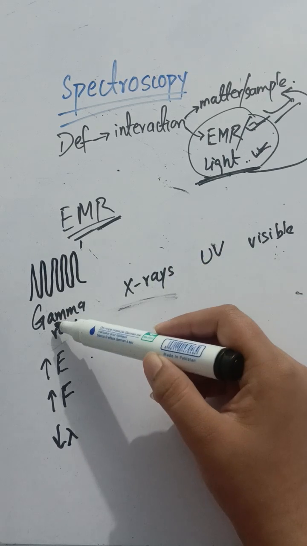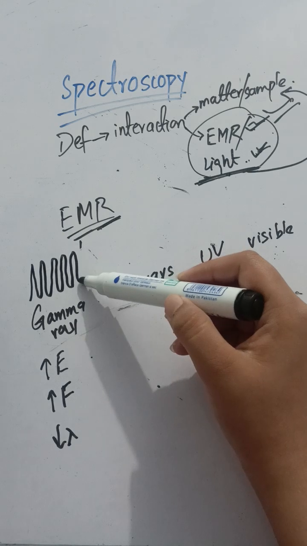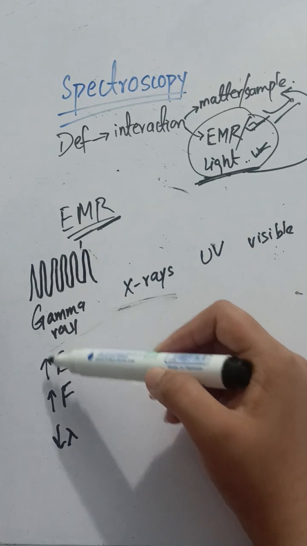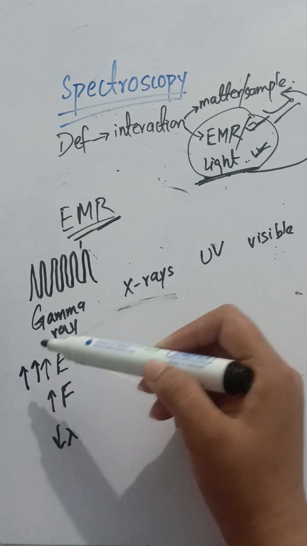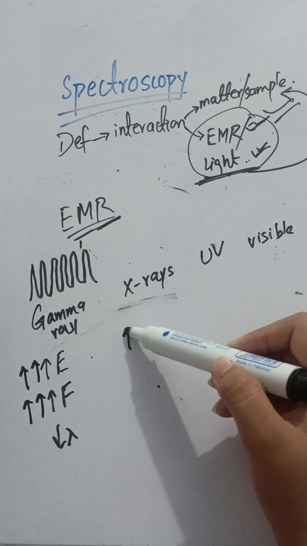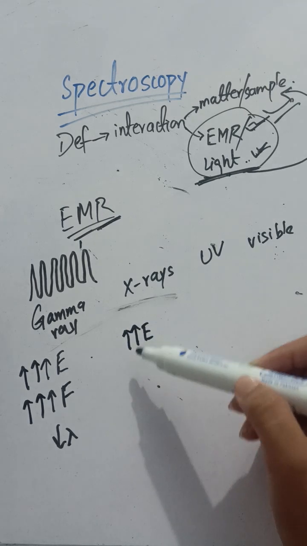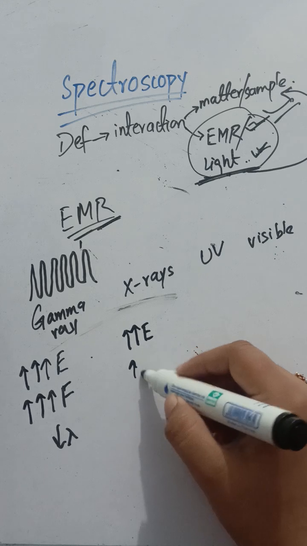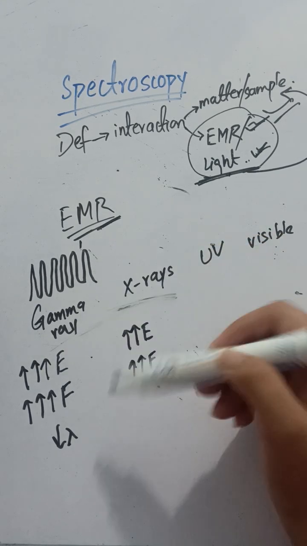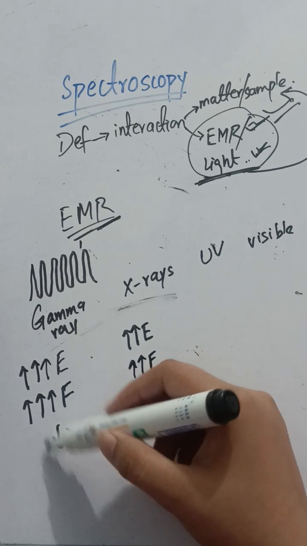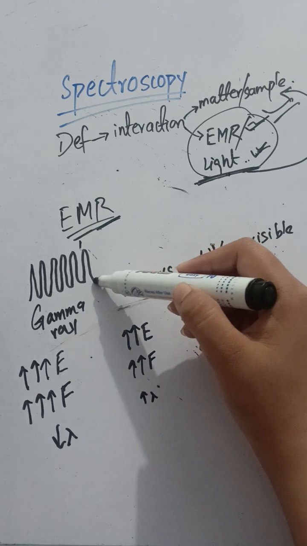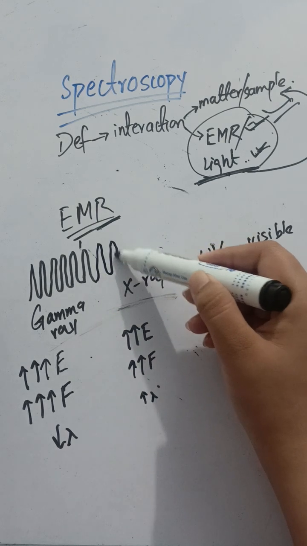And as we move from gamma to X-rays, the wavelength is a little bit increased, because the gamma rays have the highest energy, like we show it with the three arrows, the highest frequency. When we move toward the X-rays, the energy is a little bit lower, but it is still high. That's why the wavelength is increased a little bit. This increase is shown by a little bit of difference.